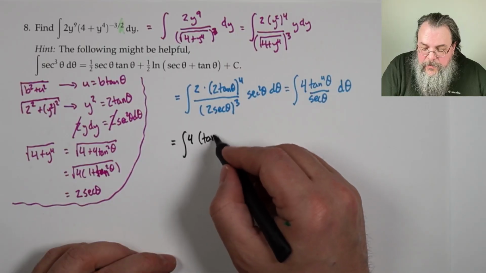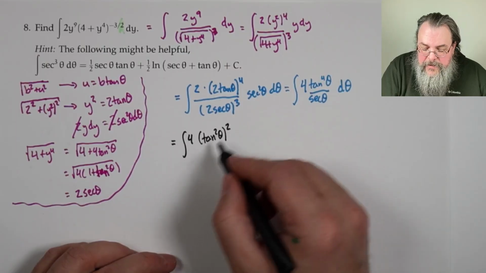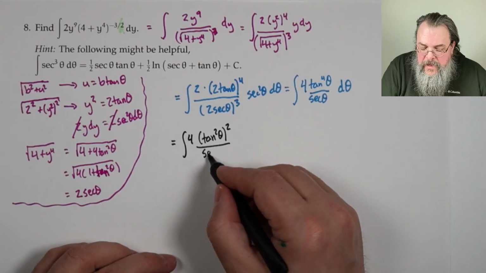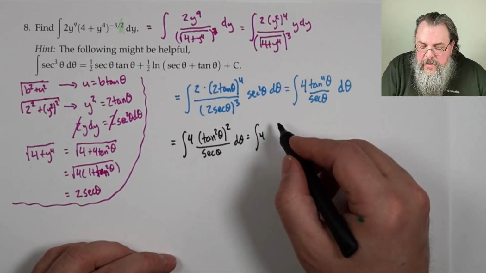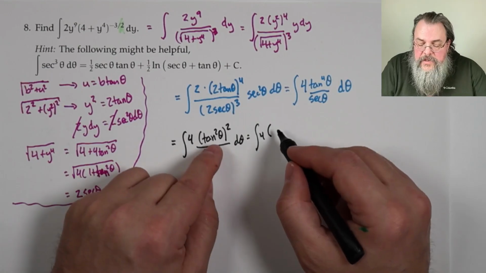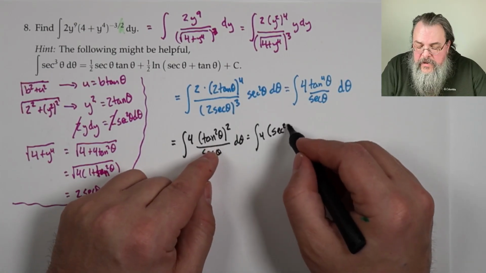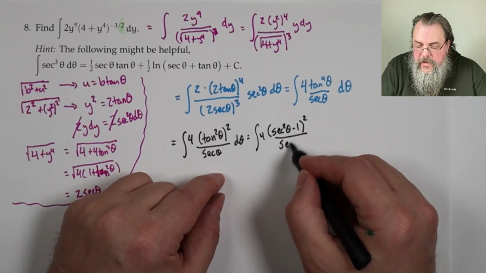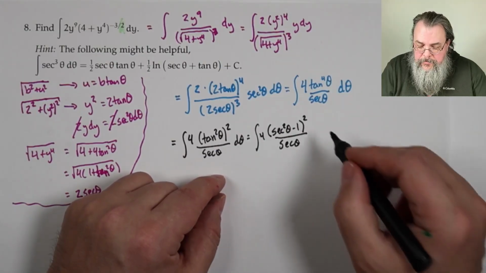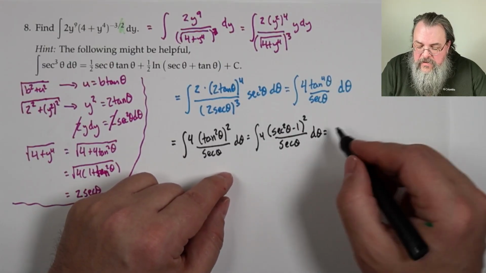So tangent to the fourth is tangent squared squared. And now tangent squared, well, we think of that as secant squared minus 1, squared. Okay, and we can expand.